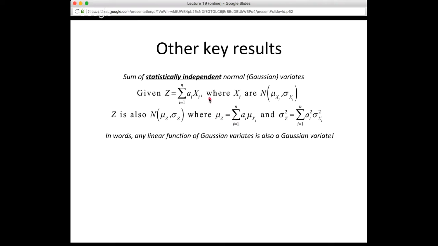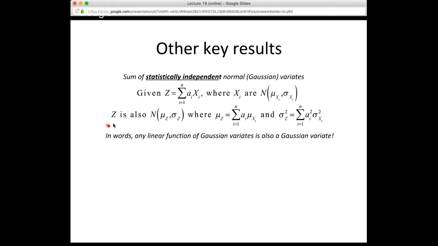And one of the examples that they give, which I think is quite important, is this idea that if you have statistically independent normal variates, and you sum them up and weight them, say with a coefficient ai, so our random variable z is going to be the sum over a whole bunch of different statistically independent random variables, each weighted by ai. And again, each of these xi are normally distributed with some mu xi and sigma xi, so mean and standard deviation for each of the random variables xi.